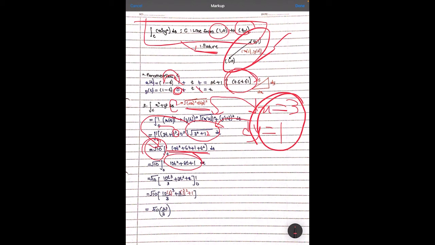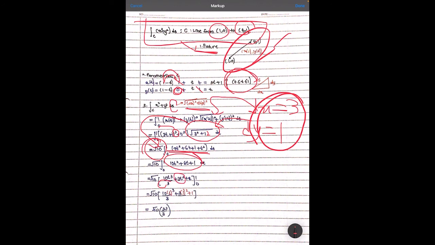When I integrate 10t squared, I got 10t to the power of 3 over 3, and for 6t I got 3t squared, plus t, the integral of 1. So this is how I already made it smaller.